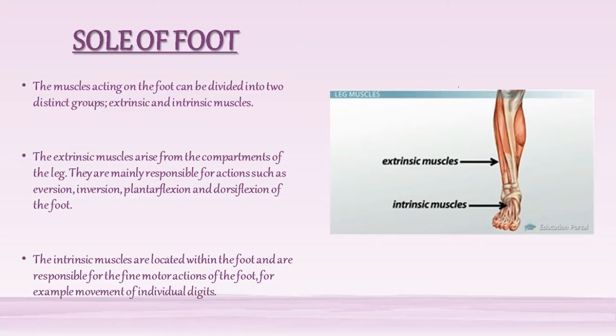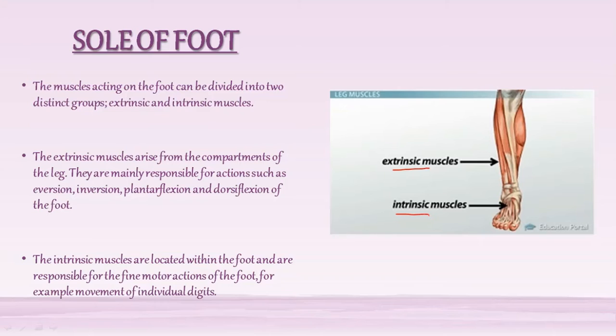Now the muscles of foot. The muscles acting on the foot can be divided into two groups, the extrinsic muscles and the intrinsic muscles. The extrinsic muscles arise from the compartments of the leg, but they act on the foot. They are mainly responsible for actions such as eversion, inversion, plantar flexion and dorsiflexion of the foot.